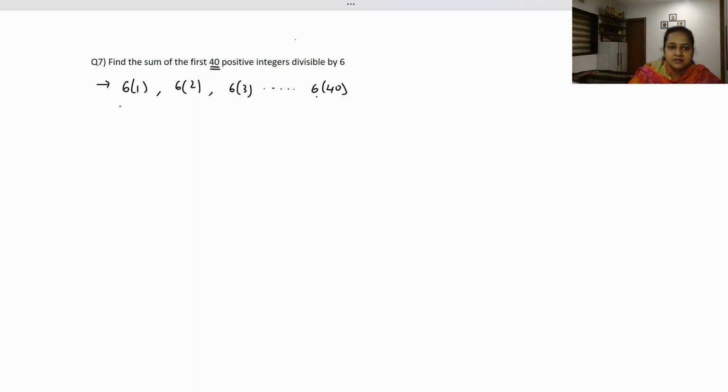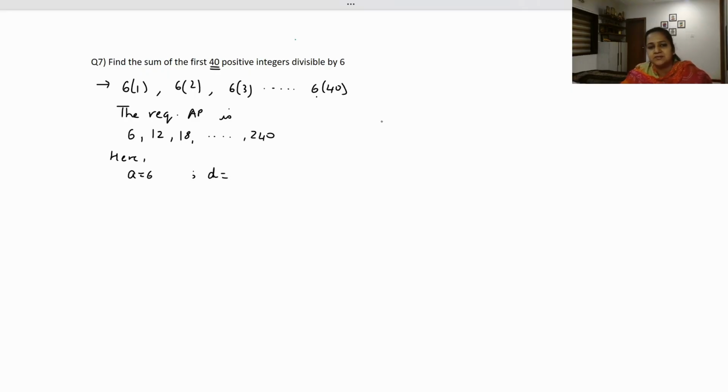So the required AP is, what is the required AP? 6, 12, 18, up to 240. So here, what is your a? 6. d, even without calculation, you should know since it is a multiple of 6, or since it is divisible by 6, the common difference has to be 6.